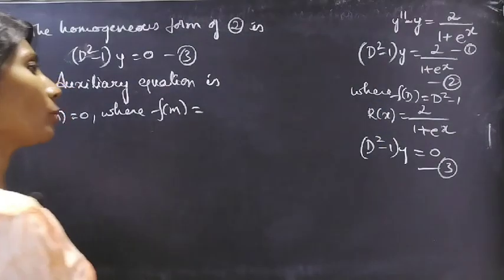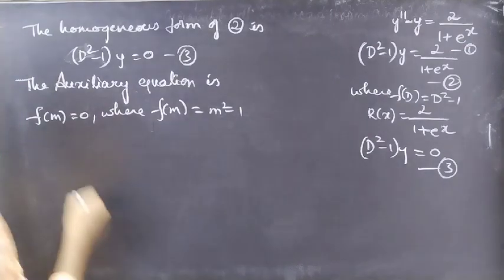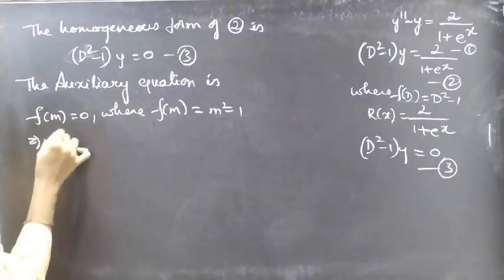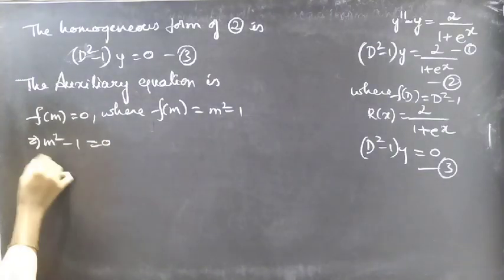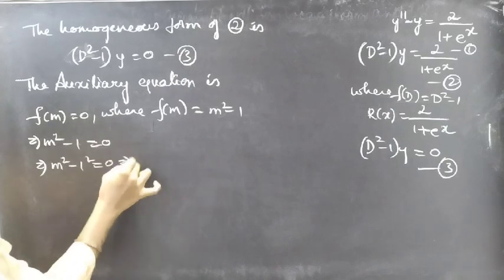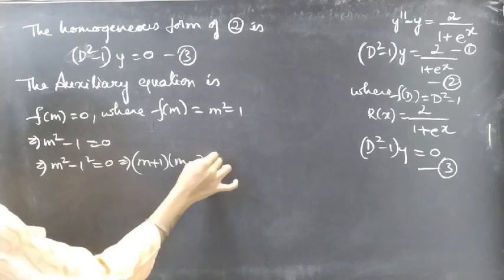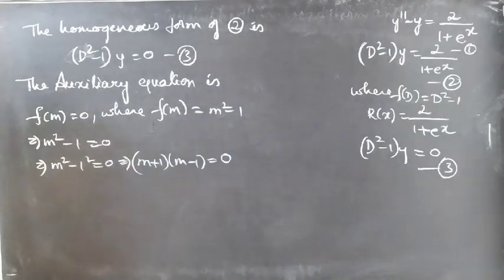Let's replace the differential operator by m, so that we'll get f of m equal to m square minus 1. Now the auxiliary equation becomes m square minus 1 equals 0. We can write this 1 as 1 square. From this we'll get m plus 1 into m minus 1 equals 0, since m square minus 1 square is of a square minus b square form.